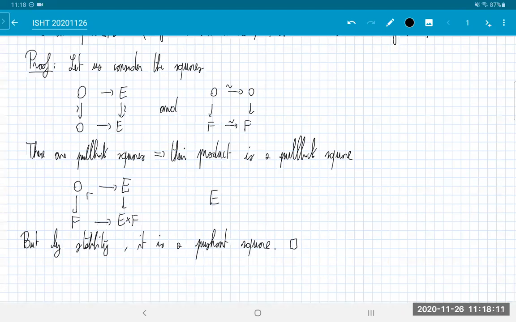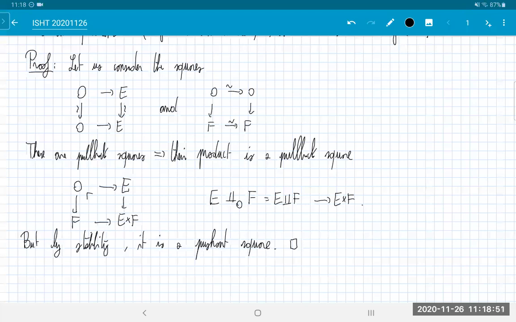Push out E. This seems magic, and it sort of is.